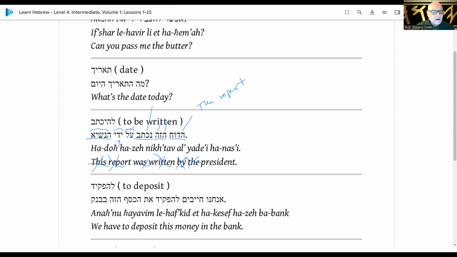So this all has, let me clear this up here. So these are the two right here I'm trying to break down and figure out. I know this has to do with something with hand. And actually, it could have to do with plural hands, yadayim. But so it's written.